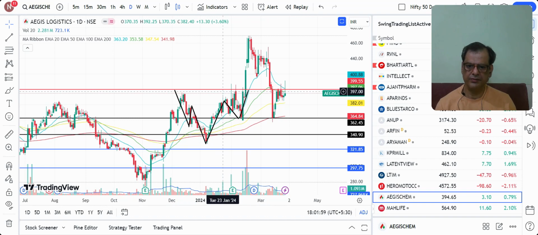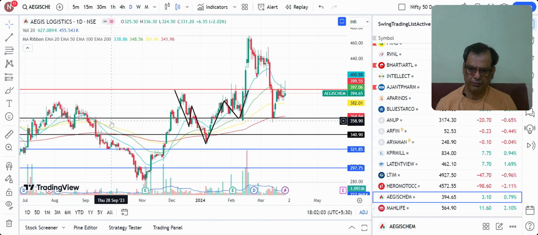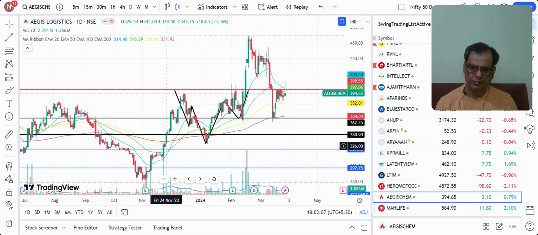Now, what is the inverse head and shoulders pattern? This pattern is where price has gone up and price is coming down. The bears try to bring the price down, but the bulls fought back, and then the bears brought it down even further.